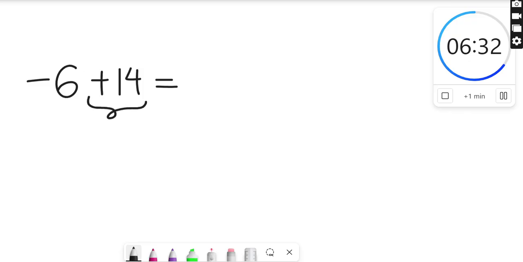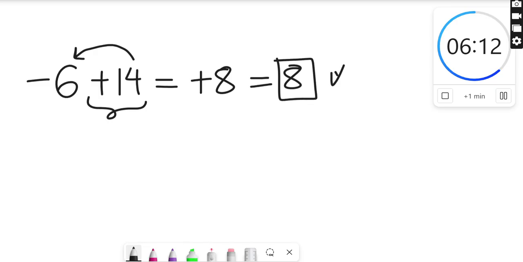It's more positive, right? We write the sign of the bigger number, so the final answer will be positive. Now, since we have different signs, we just take them away. 14 minus 6 is equal to 8. The final answer will be positive 8. Because it's positive 8, we do not have to write plus in front of it, so it's only 8.